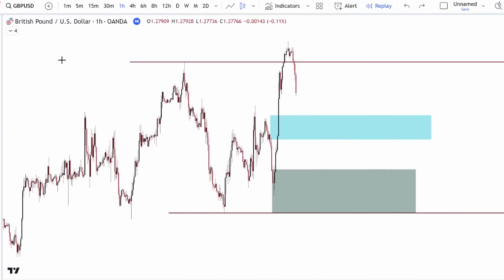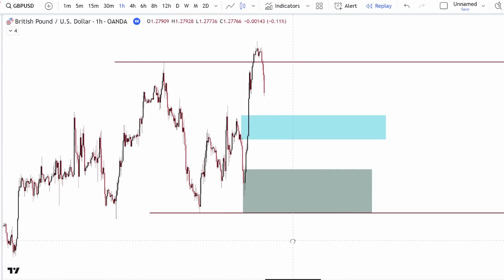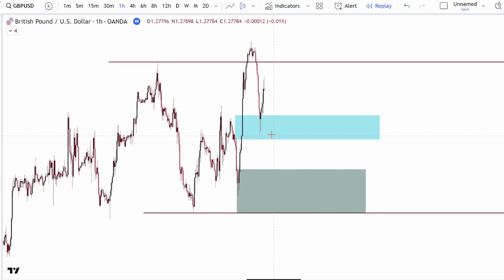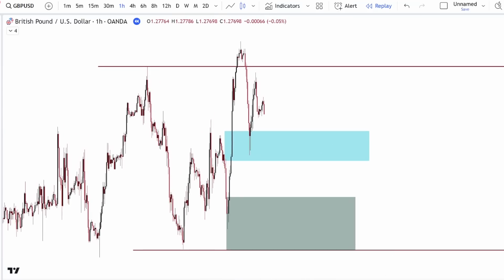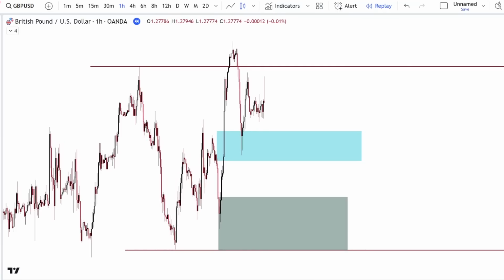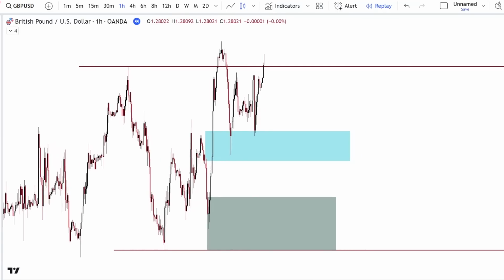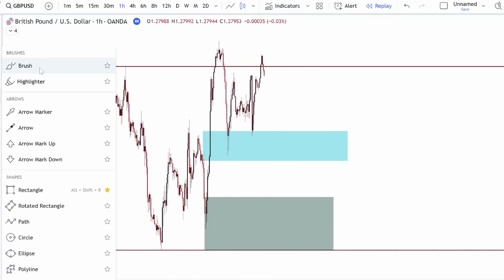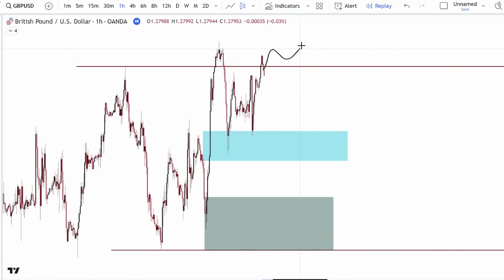So let's play out price. So this is our inducement. And look what price is doing here. Now, again, price could just shoot up.